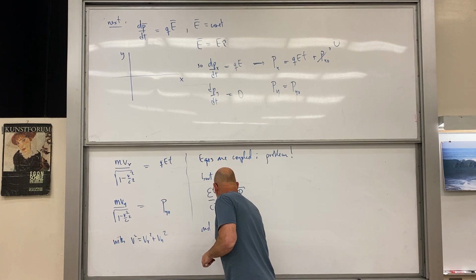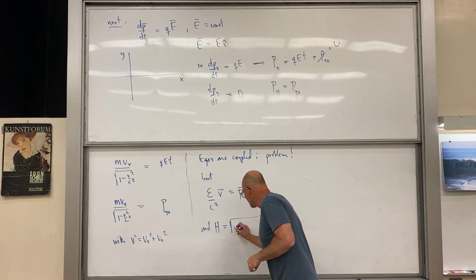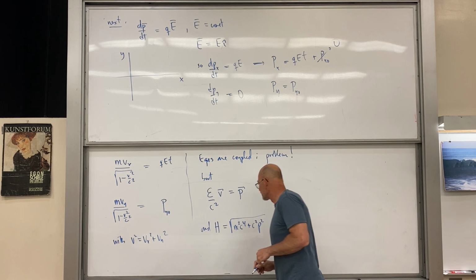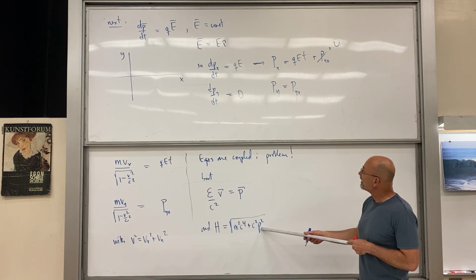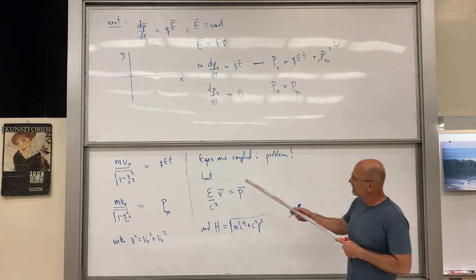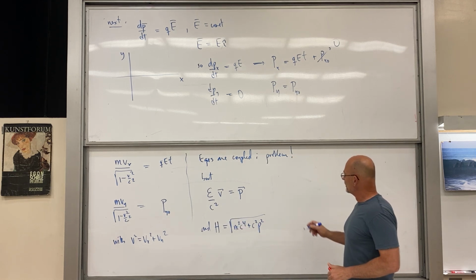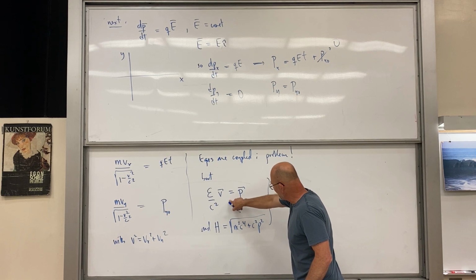We're going to use these free particle results, E squared equals m squared c to the fourth plus c squared p squared. The key to this is that we already have p explicitly as functions of time.